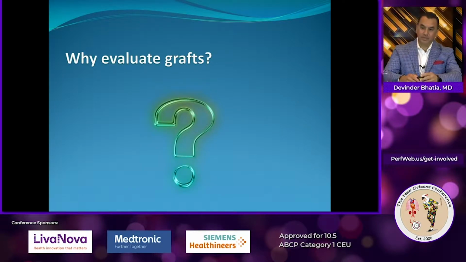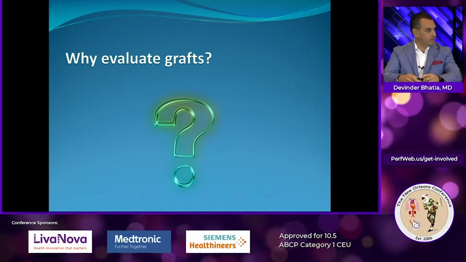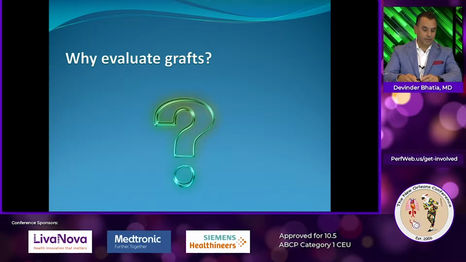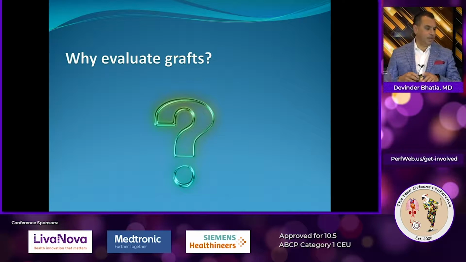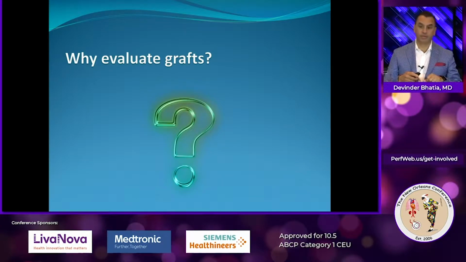So the question is why evaluate bypass grafts, especially in the setting of beating heart surgery, but really in all aspects of coronary bypass. The surgeons do, in their mind, the best job that they can, but still, we have very mundane ways of evaluating the flows in these bypass grafts prior to using this type of technology.